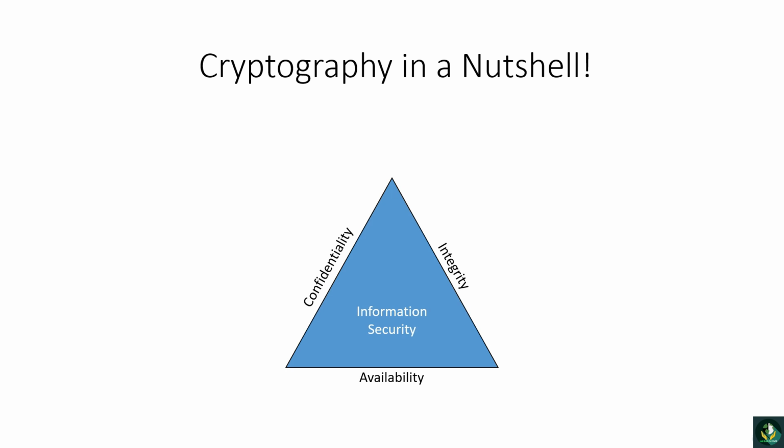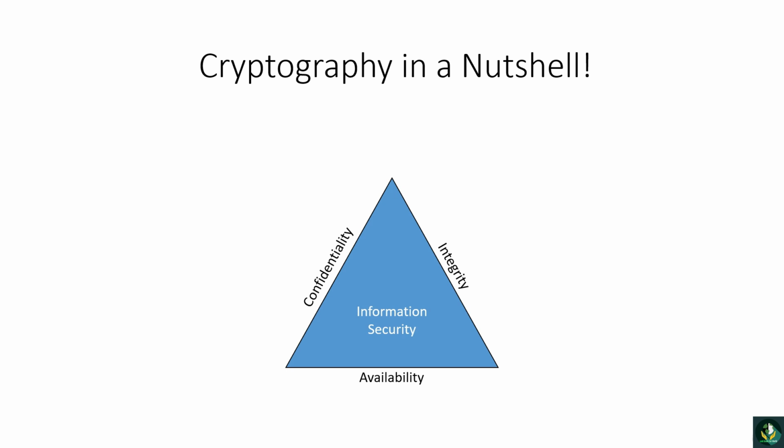Availability is sometimes tied with risk management, and a high availability system makes sure that the data is available to authorized users when they need it. That's not necessarily the focus of cryptography, which is mainly confidentiality and integrity.